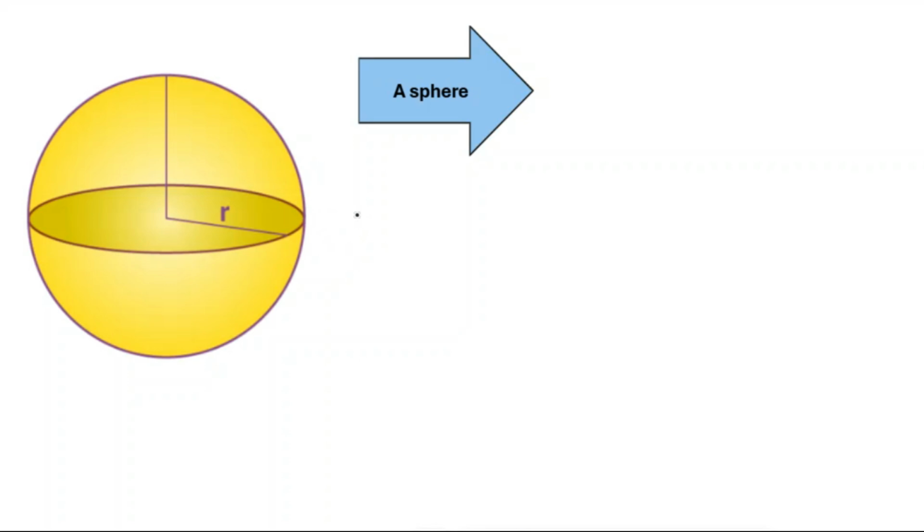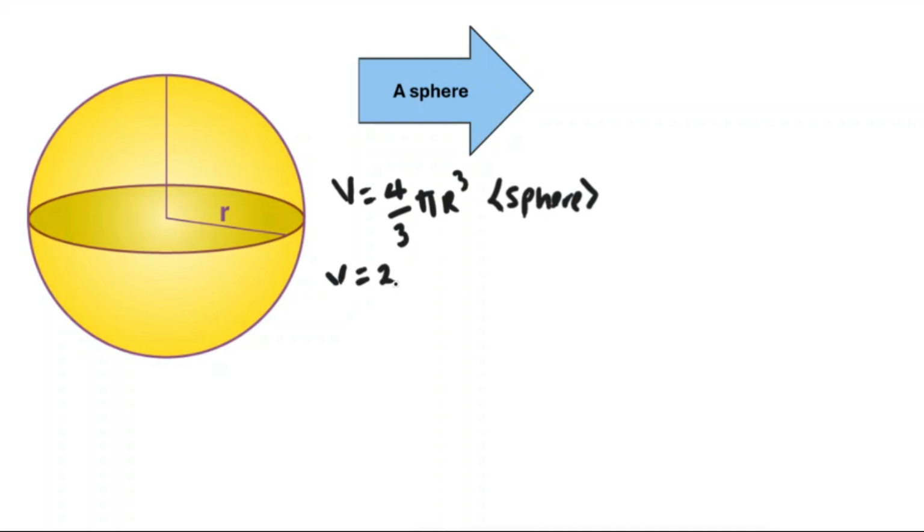We want to find the percentage decrease in the volume, so we need to know the volume of a sphere. Volume of a sphere is defined by the formula 4 over 3 pi r cubed. The volume of a hemisphere is half of this, which will be 2 over 3 pi r cubed.